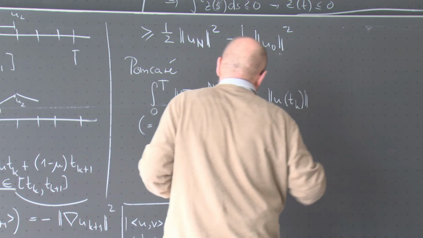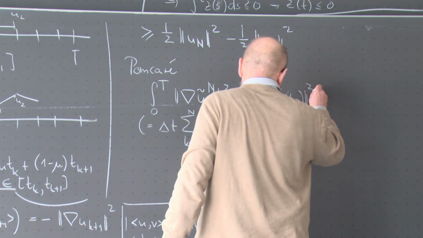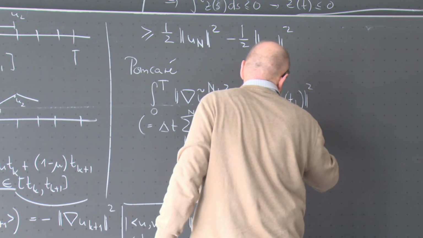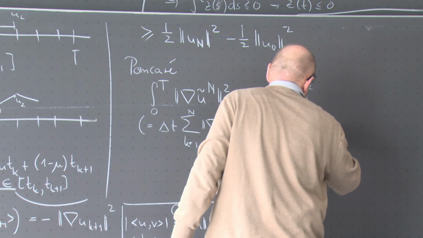There's a small argument still involved, but I skip this. And this we can control by some constant times the initial data.